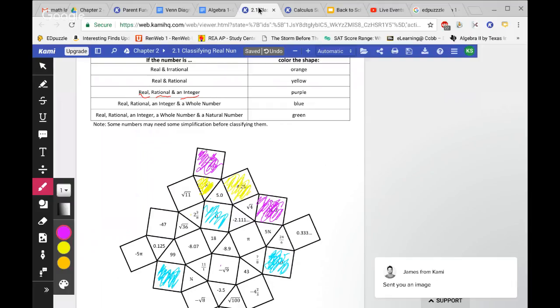So real, rational, integer, and whole number, and it's actually also a natural number for these particular purposes. The only thing that wouldn't be a natural number in here is 0. Okay, so this one's going to be colored green.